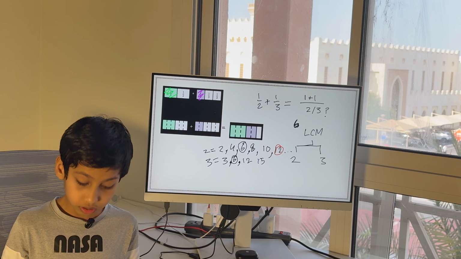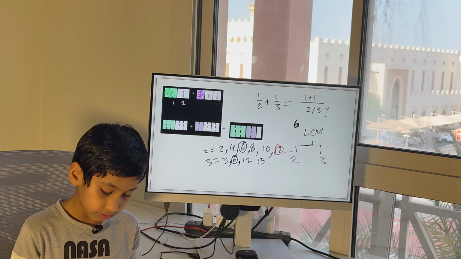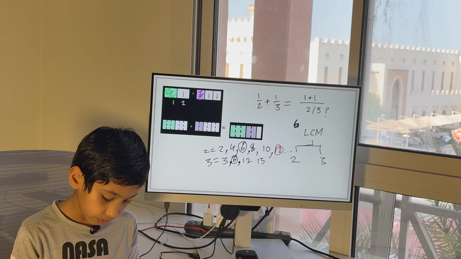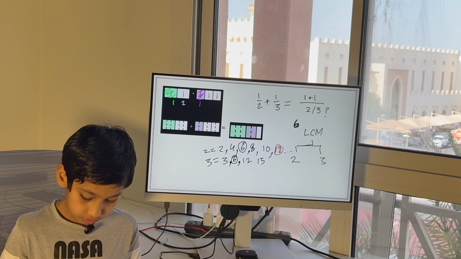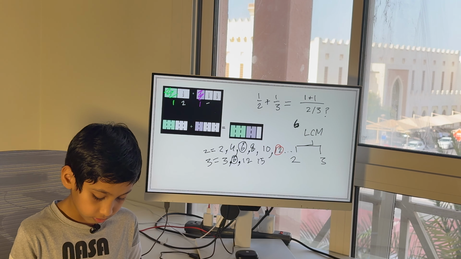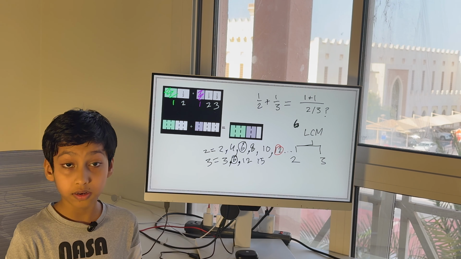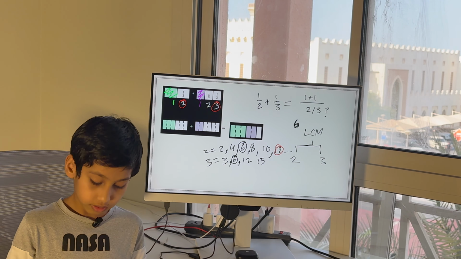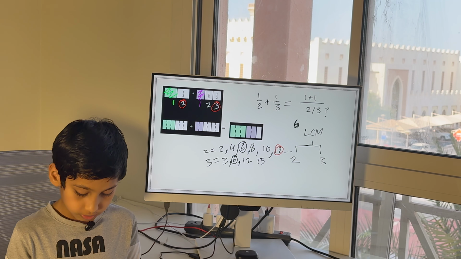The total parts, as we have learned earlier, is the denominator, and the selected part is the numerator, right? So 3 is the denominator and 1 is the numerator, and 2 is also a denominator and 1 is also a numerator.